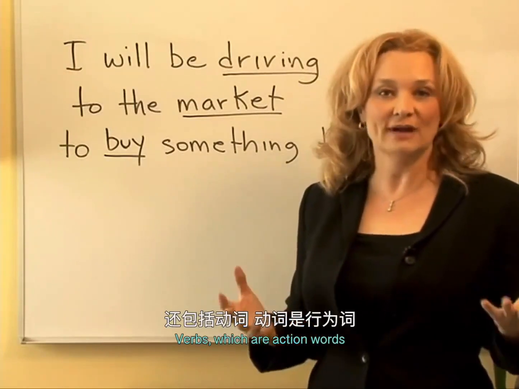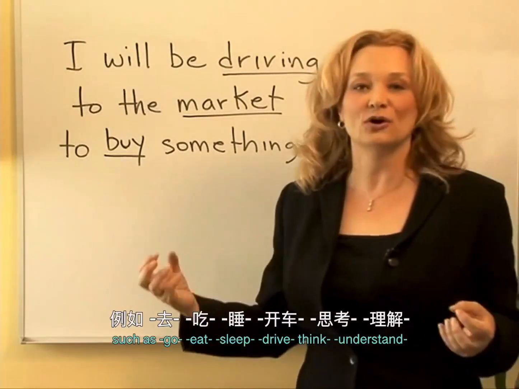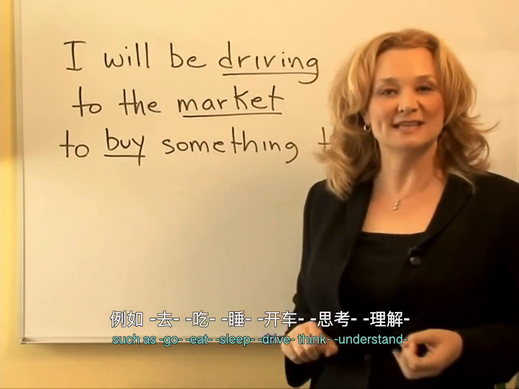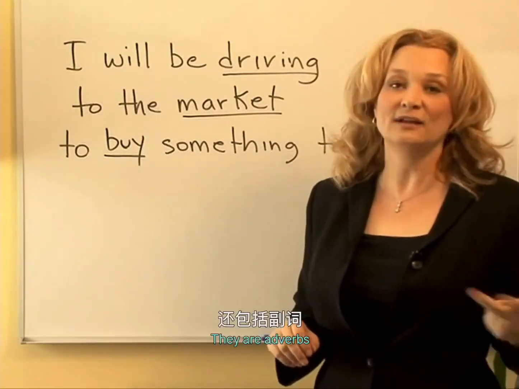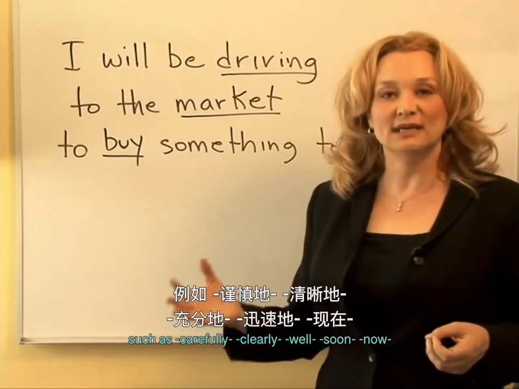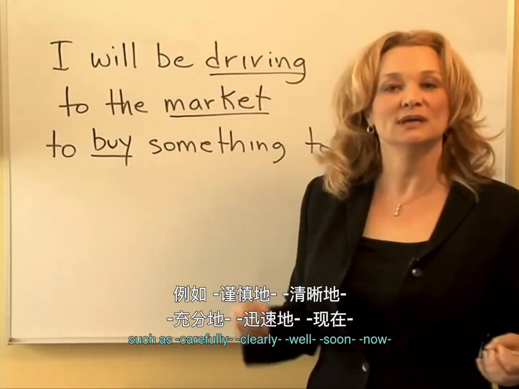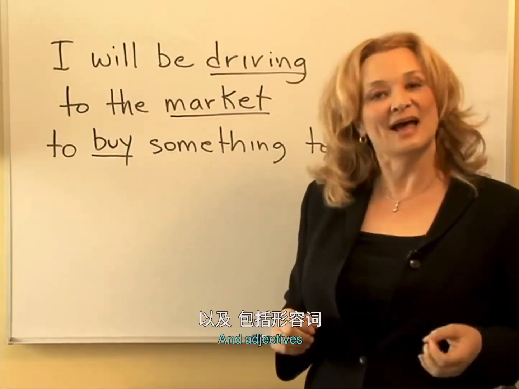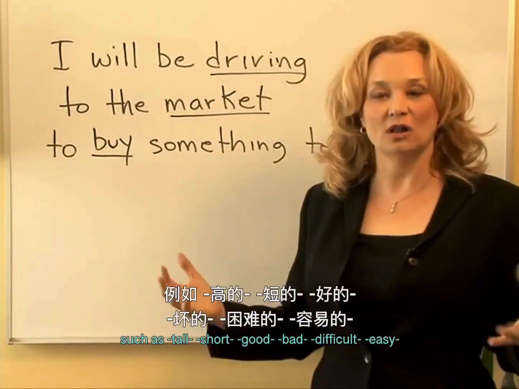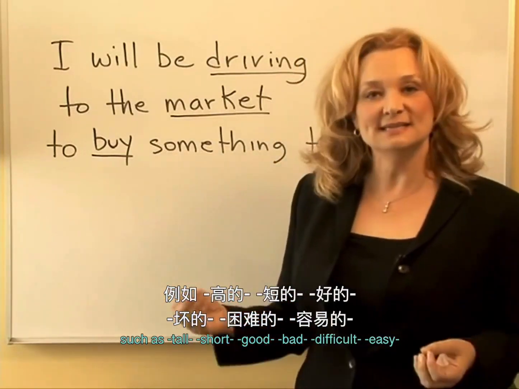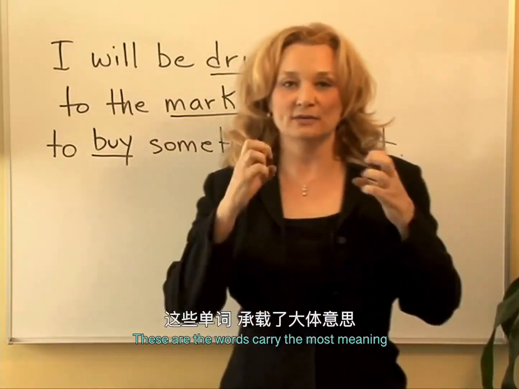Verbs, which are action words, such as go, eat, sleep, drive, think, understand. They are adverbs, such as carefully, clearly, well, soon, now. And adjectives, such as tall, short, good, bad, difficult, easy. These are the words that carry the most meaning.